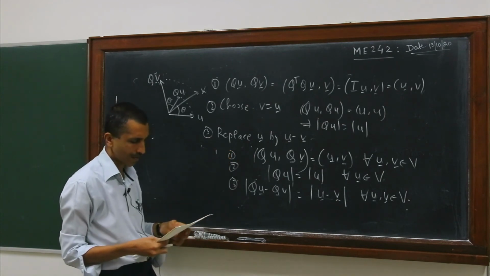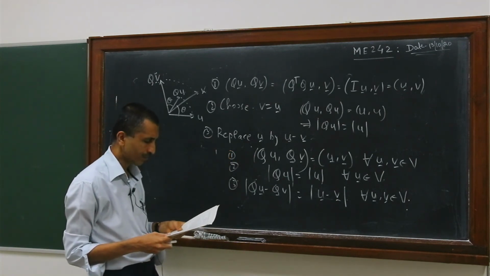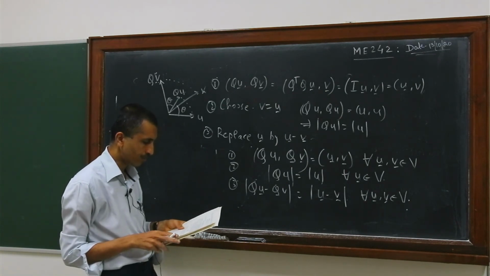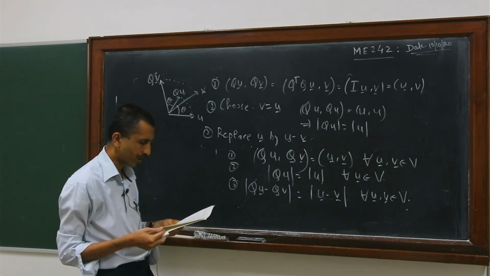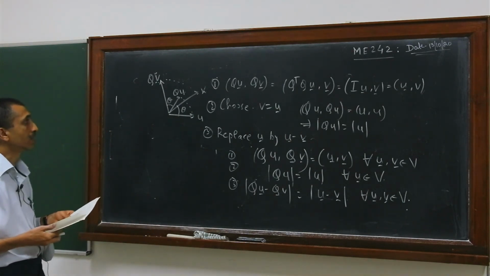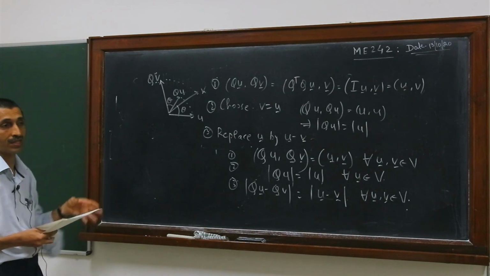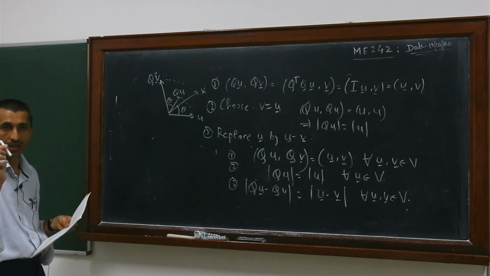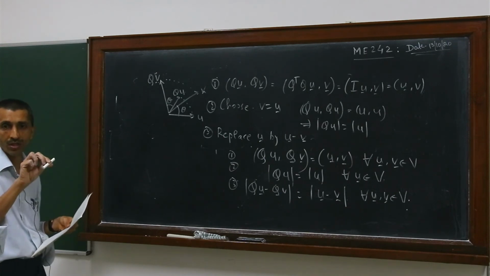As I said, I have not proved all of them, but all the proofs are there in the book in case you want to take a look at them. But I think what is important here is this kind of a physical interpretation. Basically, if you take a vector and multiply it by Q, then you get a rotated version of that vector.